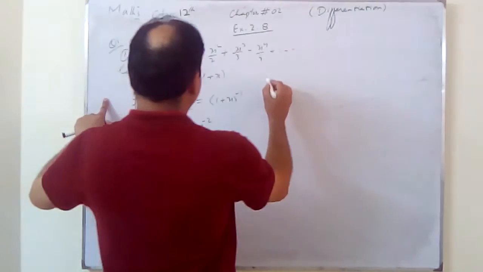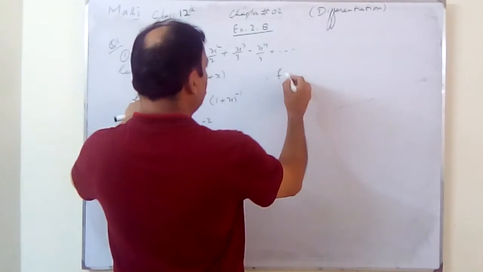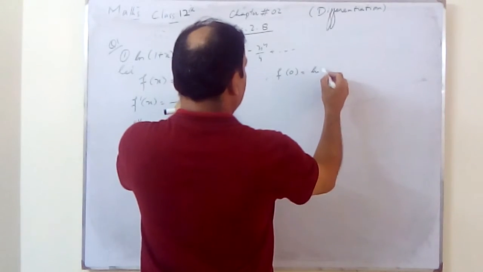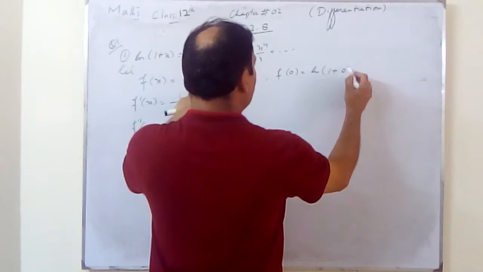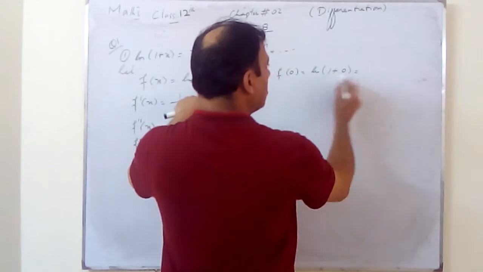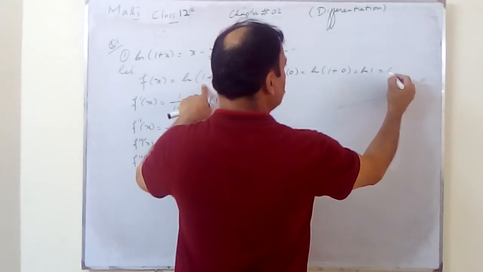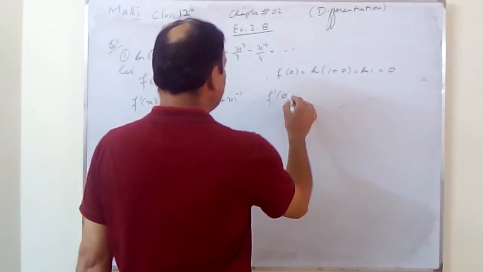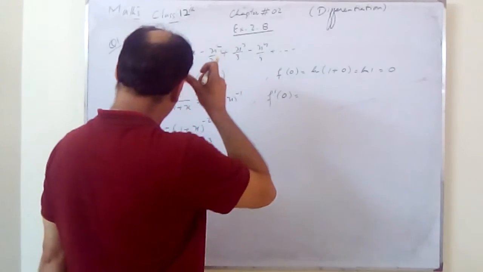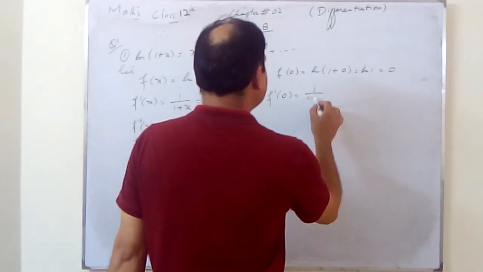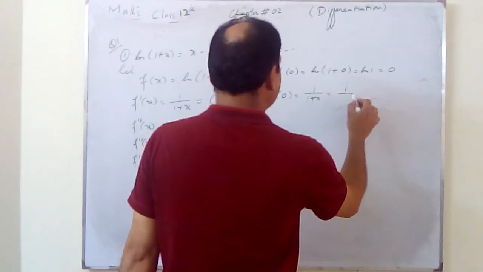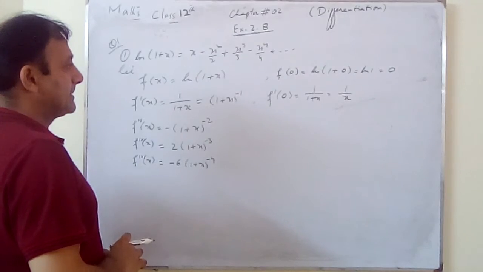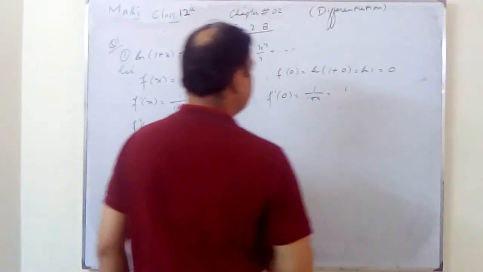On the other hand, we take f of 0: log of 1 plus 0, that is log of 1, is equal to 0. First derivative of 0 is 1 over 1 plus 0, that is 1 only.